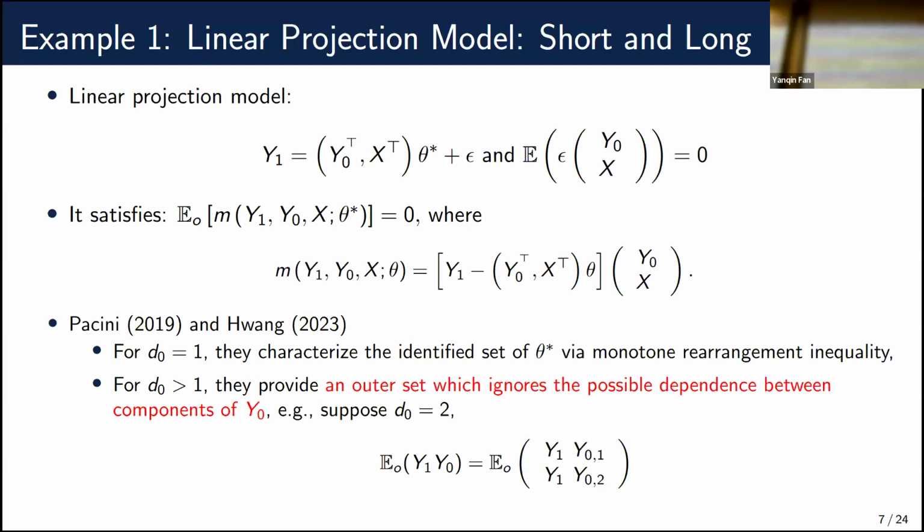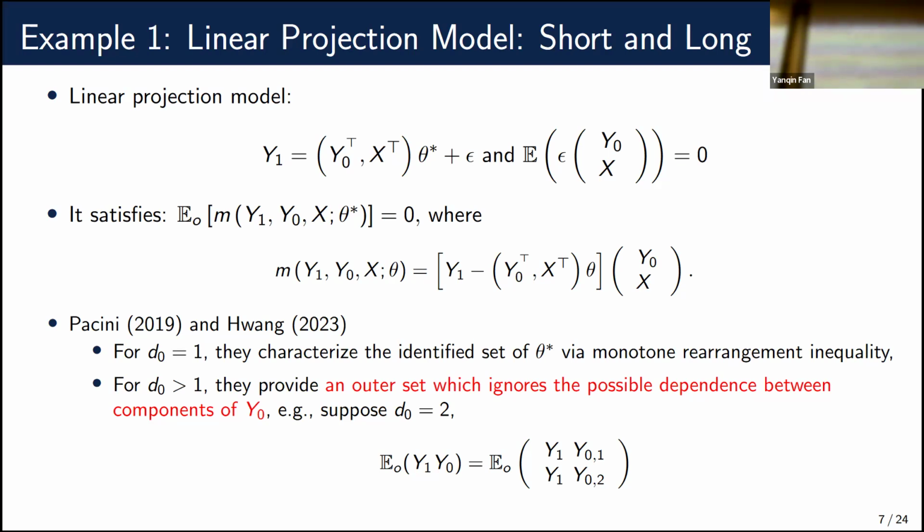Now you see some information is not used when you apply the monotone inequality to these two terms separately. What information? Well, the dependence between these two. Because Y0 is observed, we identify not only the marginals of Y0, but also the dependence.